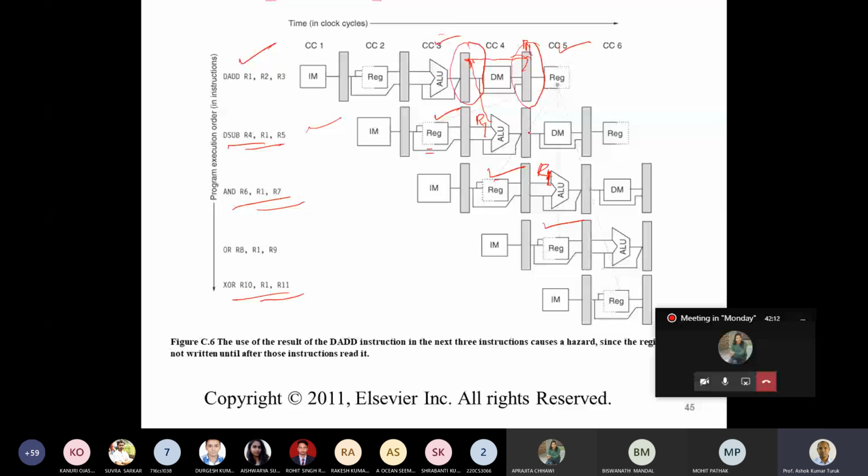So you can pass it from this pipeline register to the input of the ALU. Now this mechanism is called forwarding, bypassing, or it is also known as short circuiting.